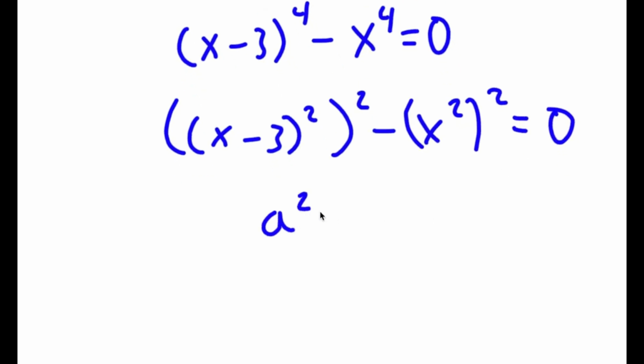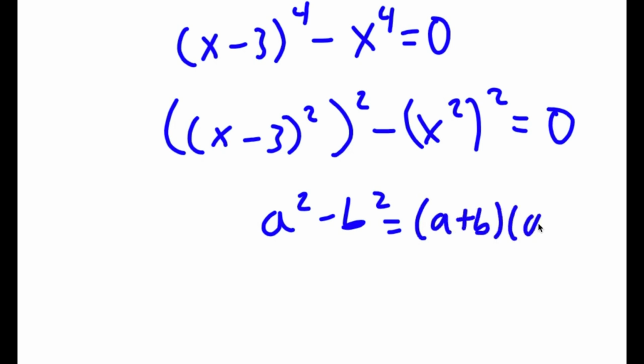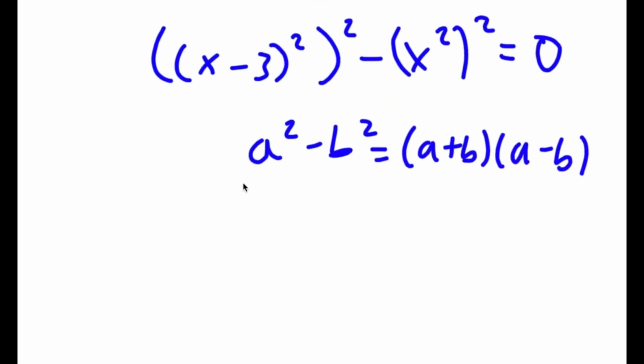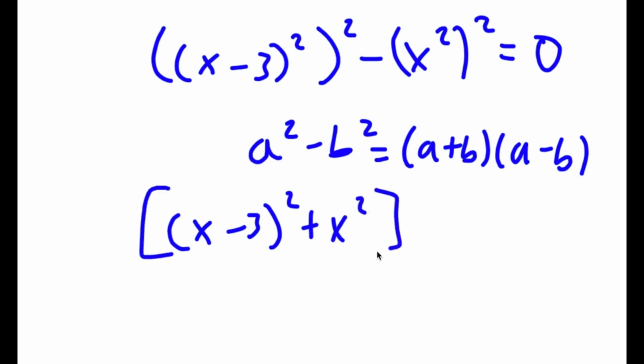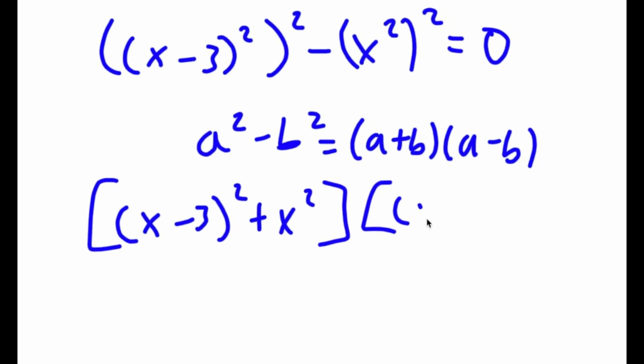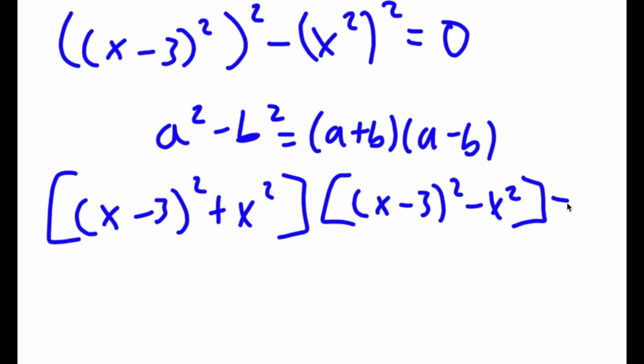And if I have something in the form a² − b², this is equal to (a + b)(a − b). So this is going to equal ((x − 3)² + x²)((x − 3)² − x²) = 0.